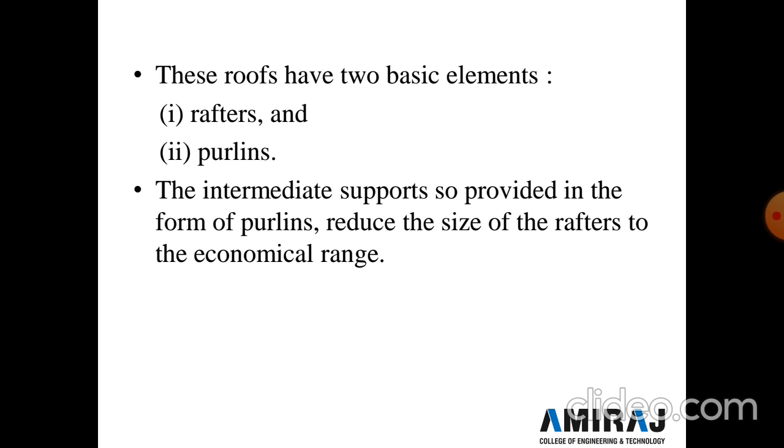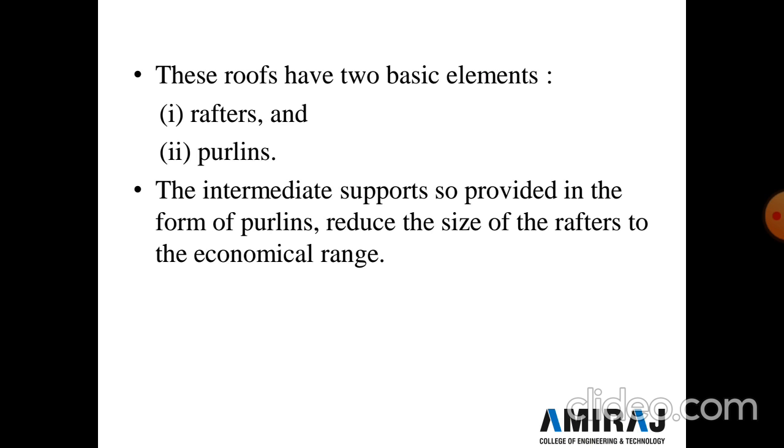These roofs have two basic elements. The first is the rafter and the second is the purlin. The intermediate support provided in the form of a purlin reduces the size of the rafter to an economical range.